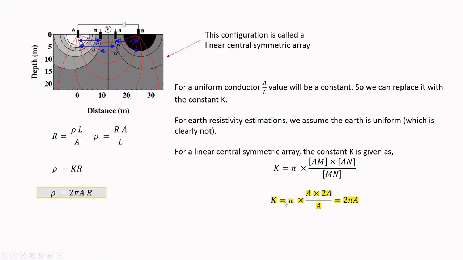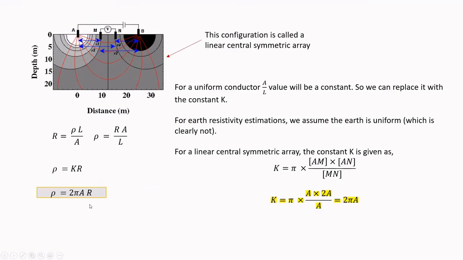After calculating K, you get the value of 2 pi A as the K constant. So now you know R, and you can calculate 2 pi A. Resistivity is calculated using this equation.